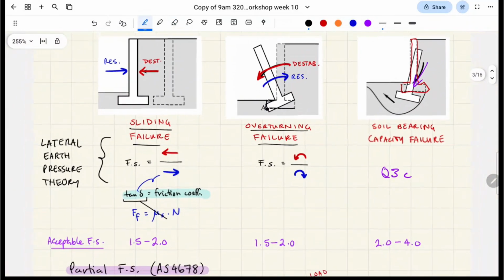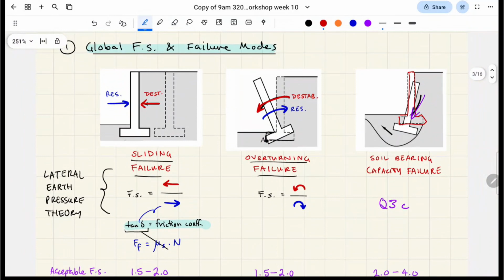And for sliding failure, the main assumption is that we have to calculate the frictional force for resistance. The frictional force will determine our resistance, essentially. That includes, actually no, I'll talk about that more later. I don't want to overcook my explanation. But this is how we do it in general.